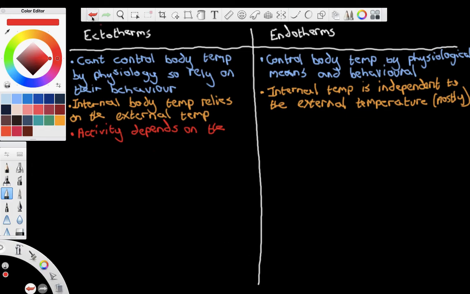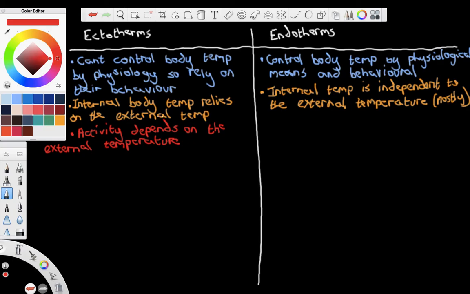Apologies about my handwriting. And what we mean by that is that when it's hot, an ectotherm will move much quicker.